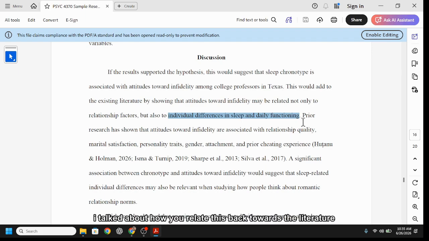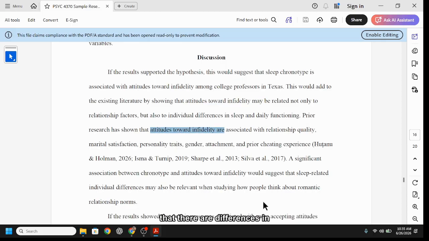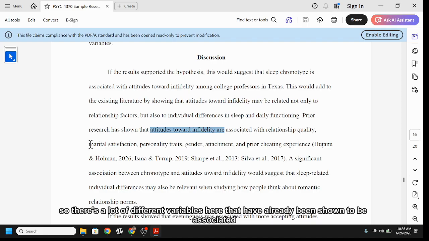I talked about how you relate this back towards the literature, and I'm going to mention again here how my prior research has found that there are differences in attitudes toward infidelity, and that those things are associated with relationship quality. So there's a lot of different variables here that have already been shown to be associated.